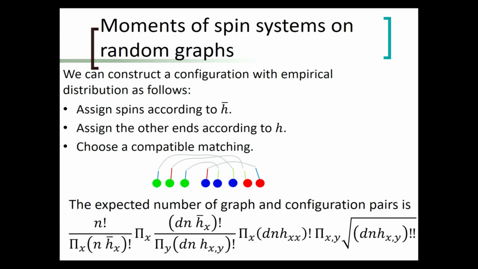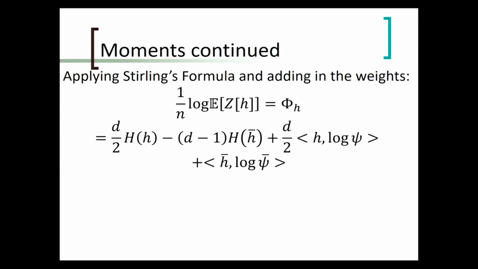So it's counting graphs with configurations on them where the configuration has a particular edge empirical distribution H. Now there are lots of factorials, so if you apply Stirling's formula a billion times, you can rewrite it and say that the contribution from edge empirical distribution H, after we've taken the normalized log of it, I'll write as phi of H, and it can be written as this formula here.